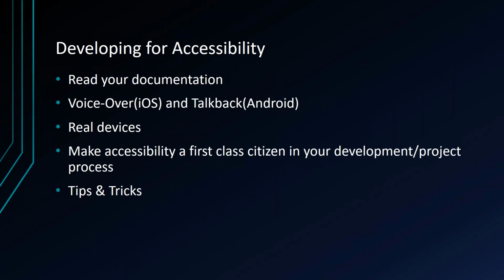The other thing I want to talk about is making accessibility a first-class citizen. If you're going to tackle it, you can't just tack it on at the end. It needs to be first class. What I mean is, when your designers come up with a new screen, before you finish the design of that screen, assess it from an accessibility standpoint. Does this work well with accessibility? Does everything flow well? Can things be found?